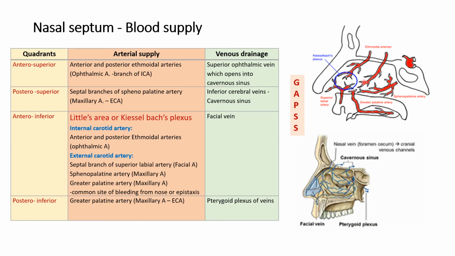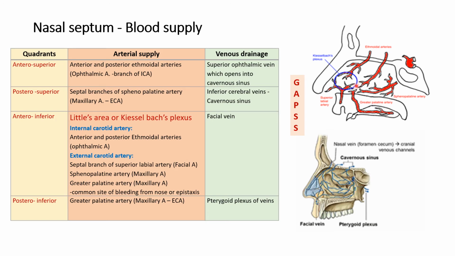Coming to the anteroinferior part, the blood supply is important to this area, and this is known as the Little's area or Kesselbach's plexus, as the blood vessels that are supplying this area are forming a plexus, which is known as Kesselbach's plexus, and this plexus is formed by branches of the internal carotid artery and external carotid artery.